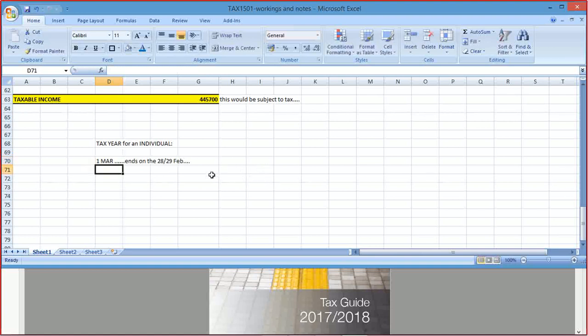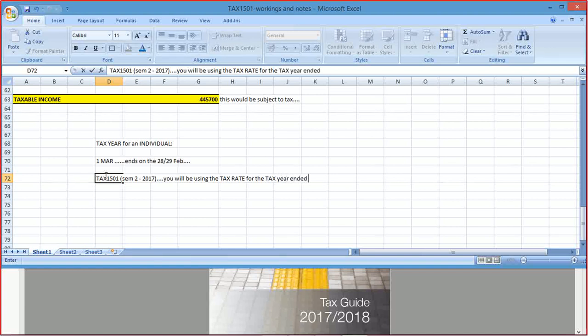So if you're writing your exam for tax 1501 semester 2 2017, you will be using the tax rates for the tax year ended 28 Feb 2017, i.e. the 2016/2017 tax year. Remember, tax is always 1 year behind.